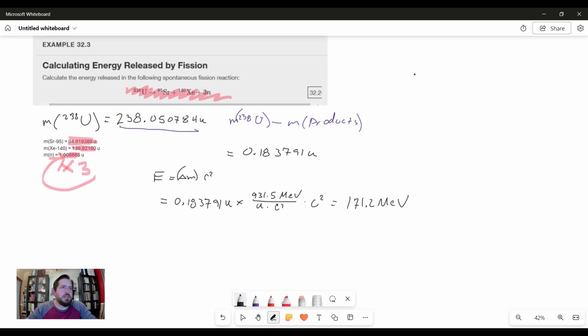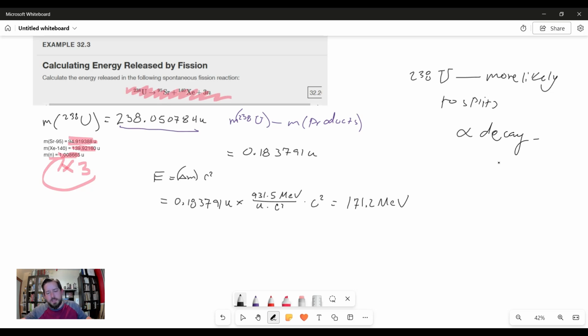So this uranium-238 is more likely to split spontaneously by means of an alpha decay. That's what we would end up seeing way more often than this spontaneous split into strontium and xenon.